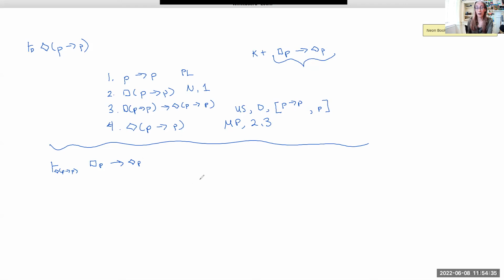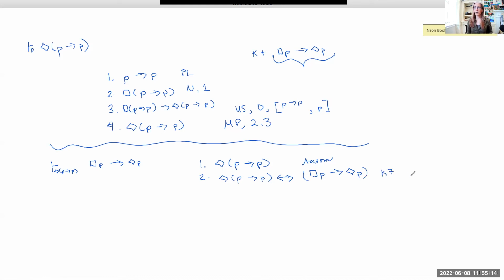So the proof of this is actually even easier. We start off by writing our axiom down. So possibly P implies P. Now, because D is built on system K, we know that all of our theorems of K are also theorems of D, including the one that says that if we have a conditional that's possible, then this is equivalent to saying that the antecedent being necessary implies the consequent being possible.